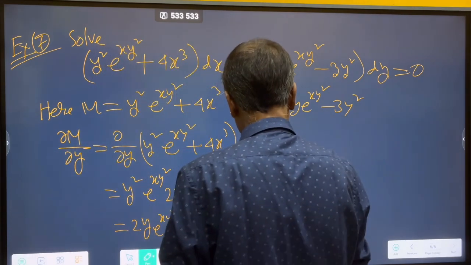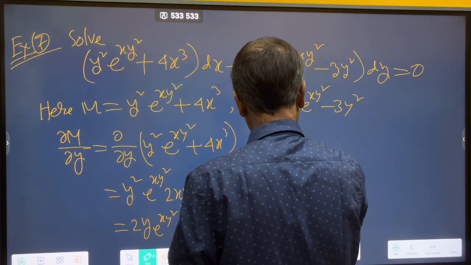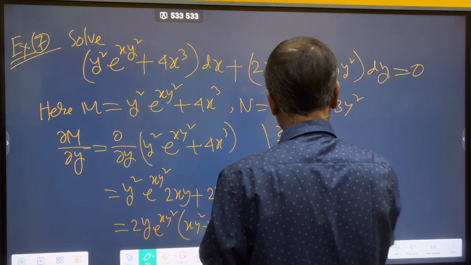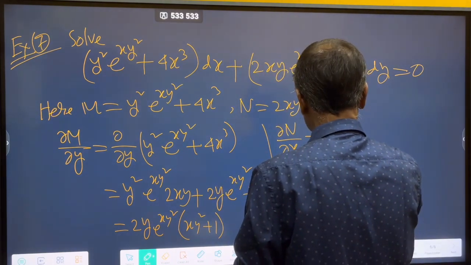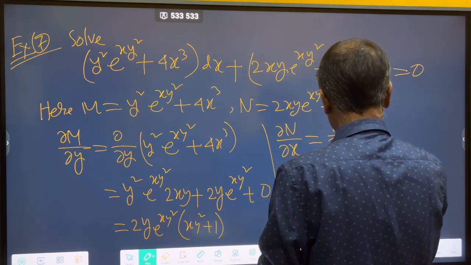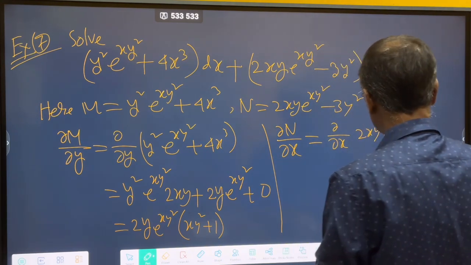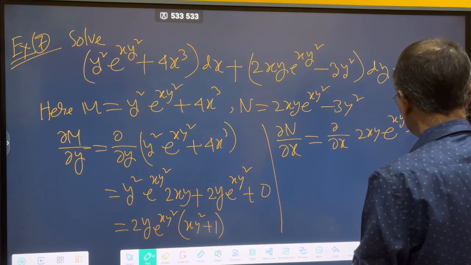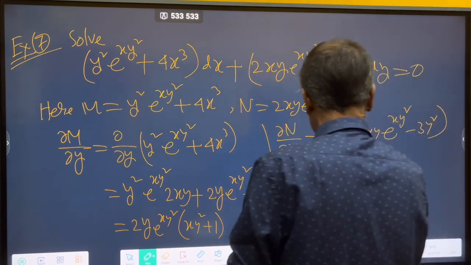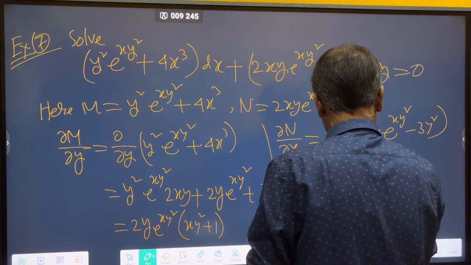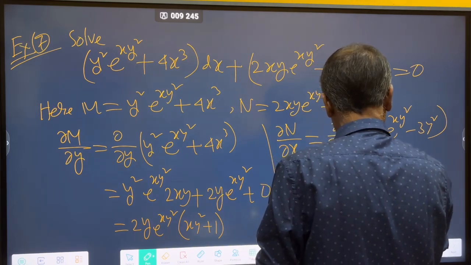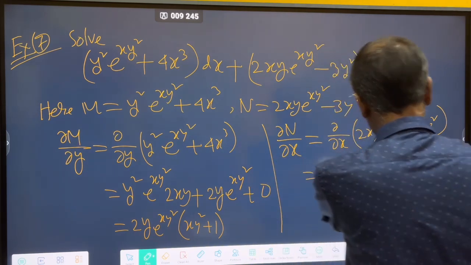Now ∂N/∂x will be equal to ∂/∂x of (2xy e^(xy²) − 3y²). This is equal to 2y. This is constant. First function x, the differentiation of the second function xy².